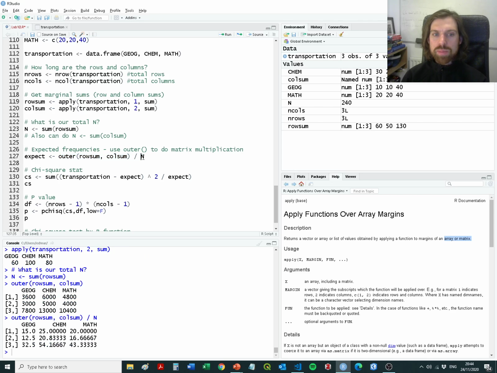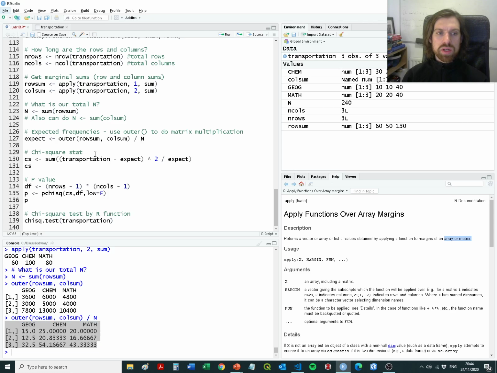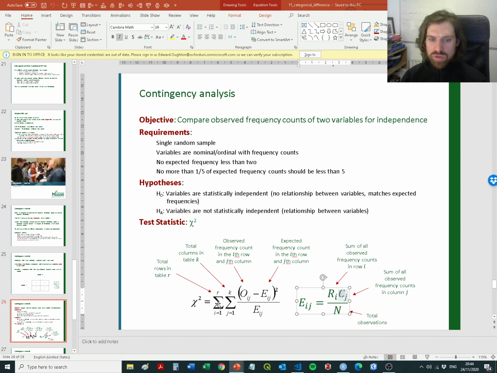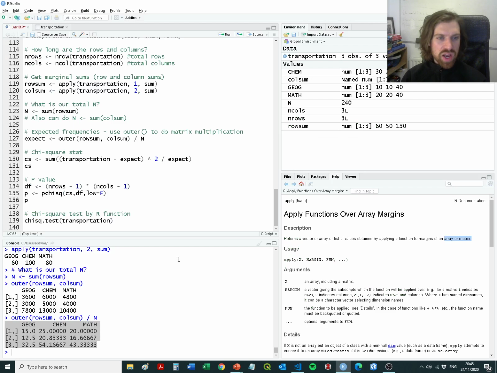When you divide it by the number of entries, you get these reasonably sensible float decimals down here, which can then be used within our chi-squared test statistic calculation. So what have we done? We've completed the estimation for these two values here. We've completed the estimation for this value here, EIJ. I think we have already got the OIJ and the EIJ.